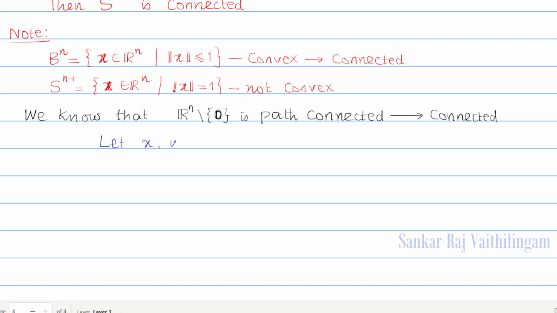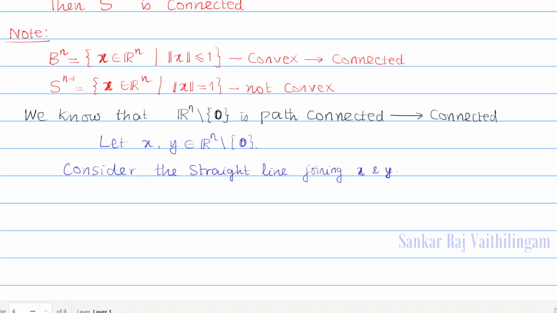Let x, y belong to Rn set minus singleton 0. Consider the straight line joining x and y, x vector and y vector.